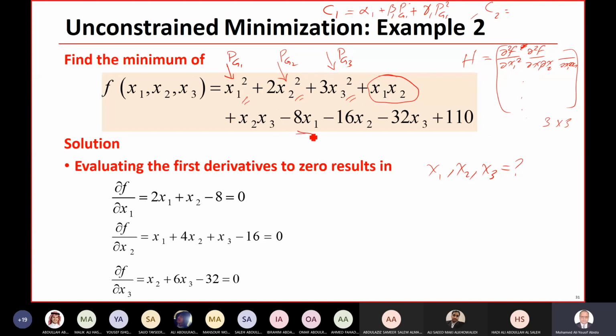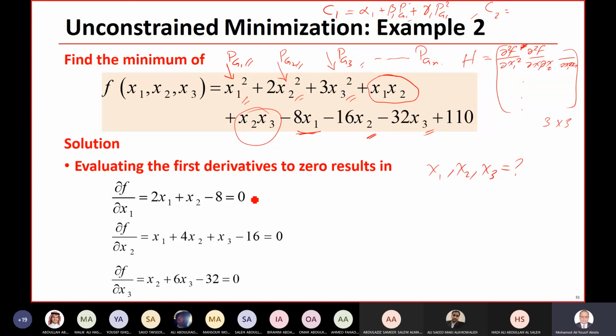In general, x1 represents a variable, x2 another variable. In our economic dispatch problem, the variables are PG1, PG2, PG3 up to PGN. Clear, Ali? Clear.